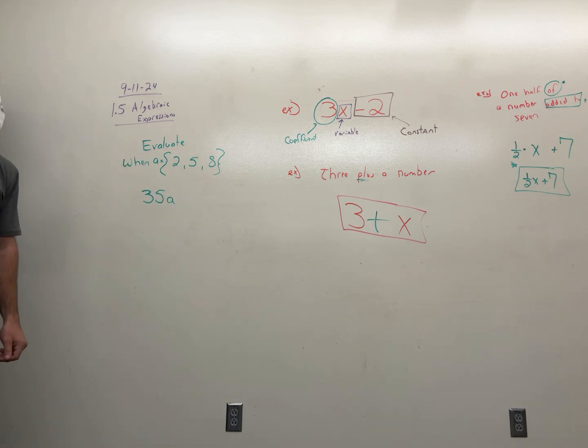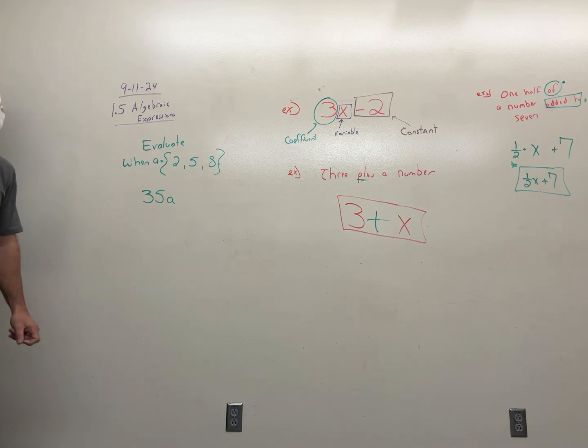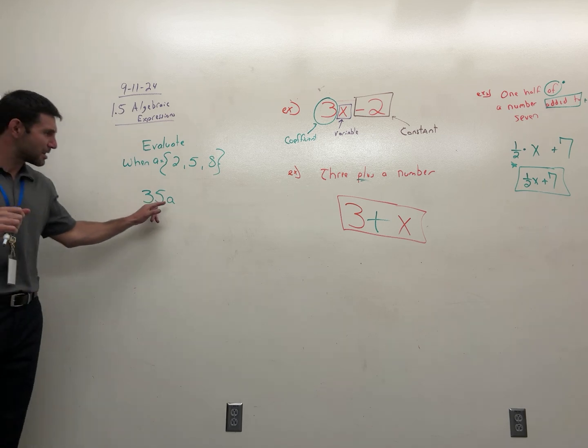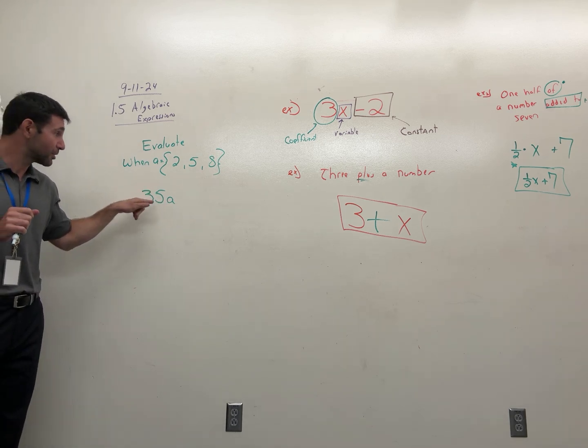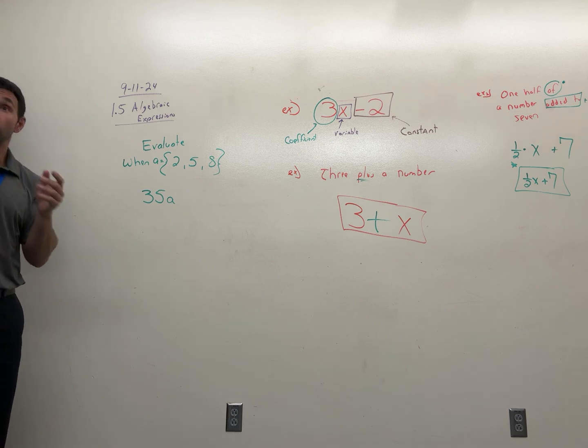We are going to substitute in to this expression. How would I say this mathematically? Don't tell me it's 35A. What does this mean when I have my coefficient and variable right next to each other? Multiplication.